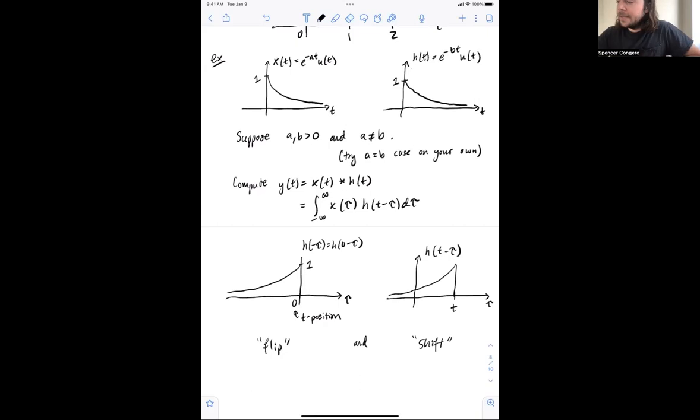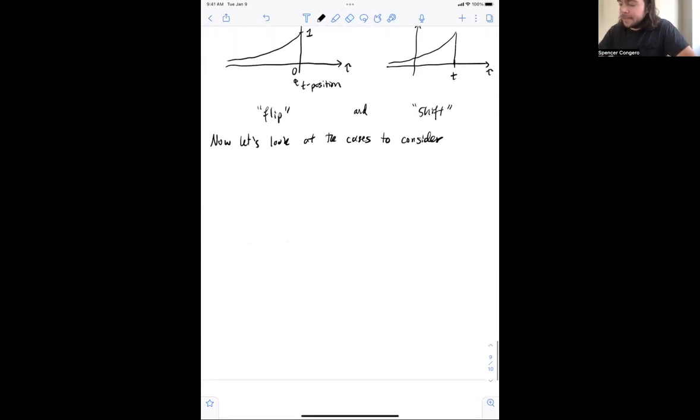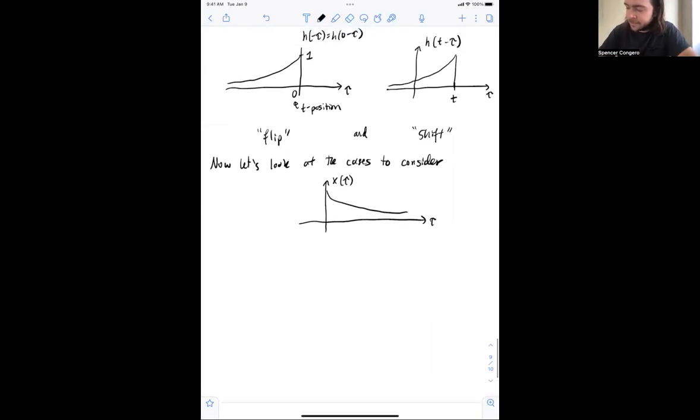All right, and now we're going to do the same thing. Let's look at the cases to consider. I'm going to draw my function up here. This is my x of tau, this decaying exponential function. And now I'm going to take my shifted version, just like I did before, h of t minus tau.